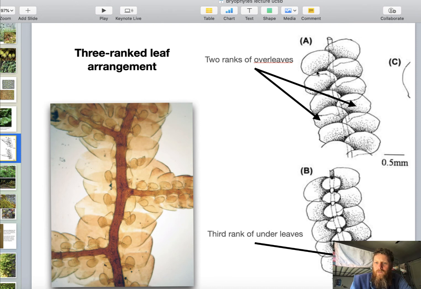You get 2 ranks or rows of big leaves, and then if you take that structure and flip it over, you see a third row that's quite different from the first two rows going down the other side. So it has 3 ranks or rows of leaves. So 1, 2, and then 3 on the other side going up the stem, which again is very different from what you see in mosses, which just have typical leaves that spiral up the stem.